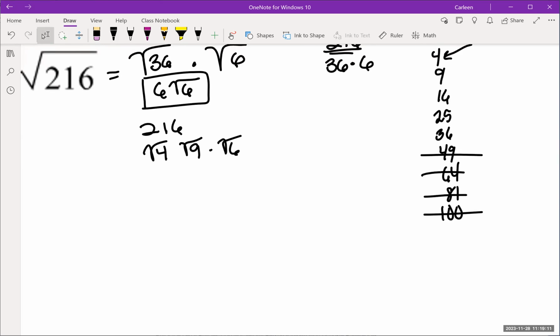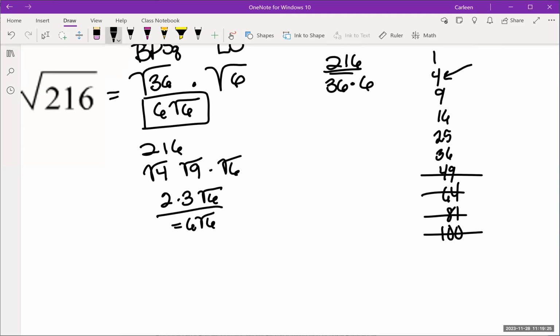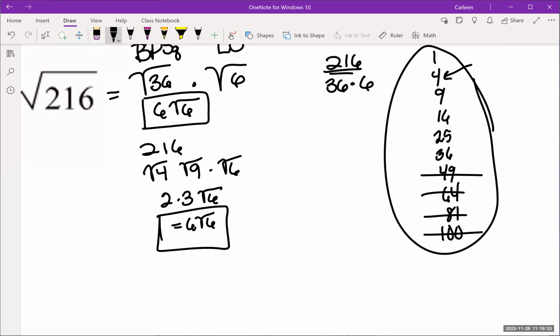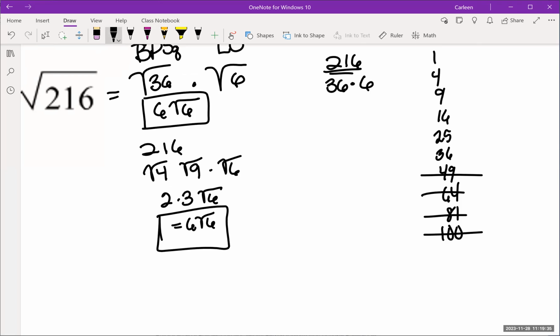The square root of 4 is 2. The square root of 9 is 3. And 6 is not a perfect square. Square root of 6. So you have two different methods. One is making a factor tree, and one is using a calculator and dividing by all your perfect squares, starting from the bottom up.